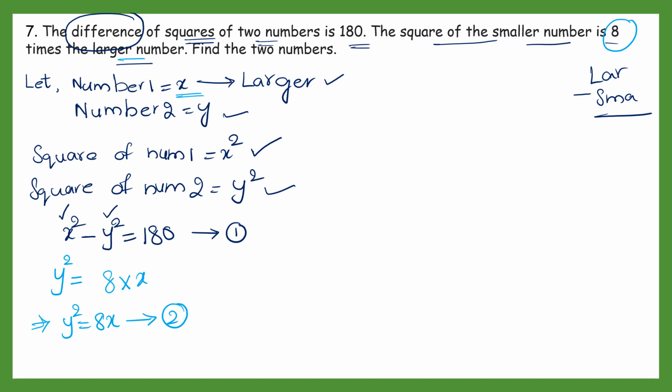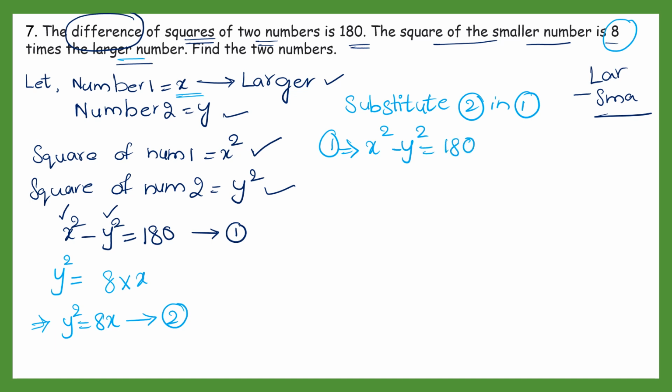Now let's substitute equation 2 in equation 1. What is equation 1? X square minus y square is equal to 180. That means x square minus y square, that is 8x, we got from equation 2. X square minus 8x is equal to 180.